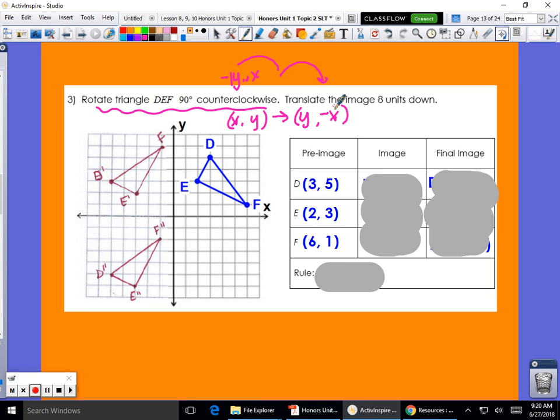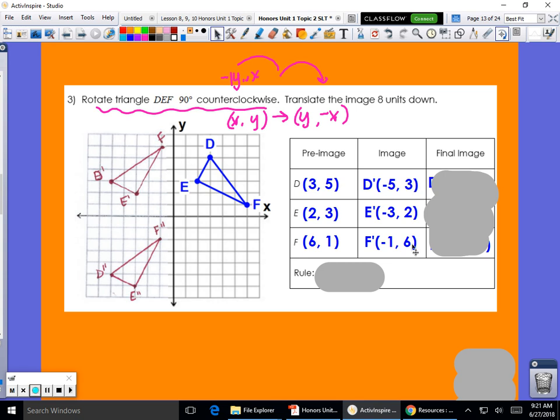All right, then we need to translate 8 units down. So when we rotate, our x and y are switching places, and I believe this is wrong.